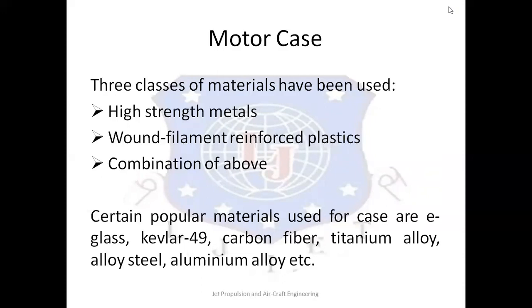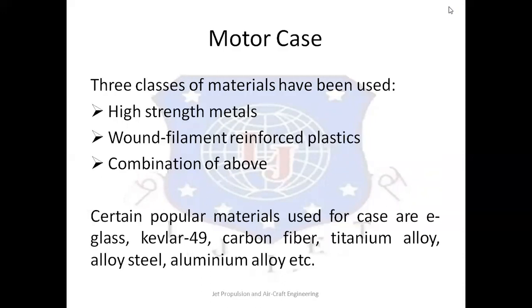There are different types of materials used for the motor case, and some of them are mentioned here, such as E-glass, Kevlar 49, carbon fiber, titanium alloy, steel alloy, and the aluminum alloy.